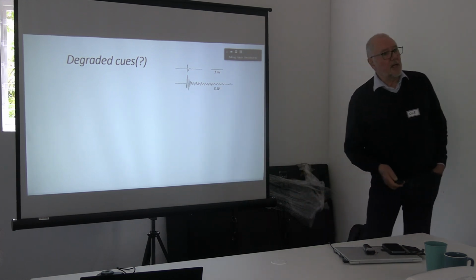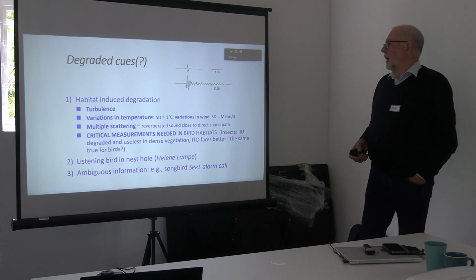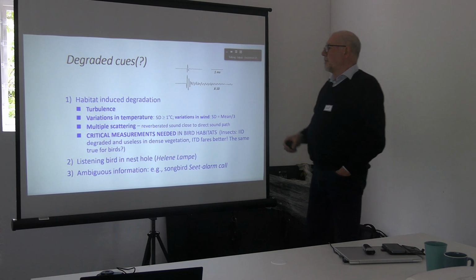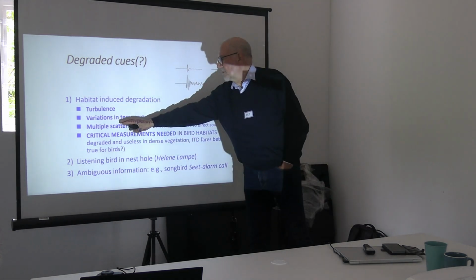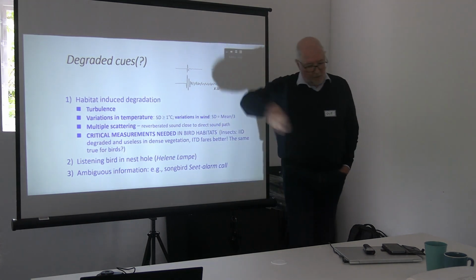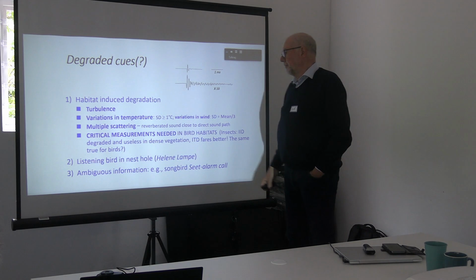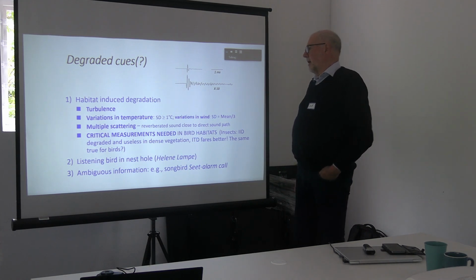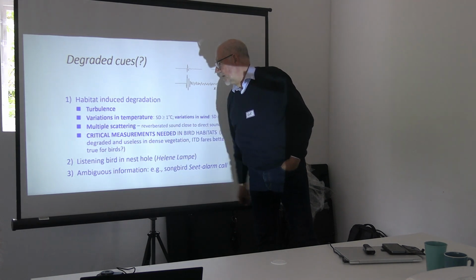So that may interfere also with your calculations. All these we call habitat-induced degradation. Turbulence, I didn't talk about that, but that's just when the wind comes and makes vortices. Variation in temperature, multiple scattering.